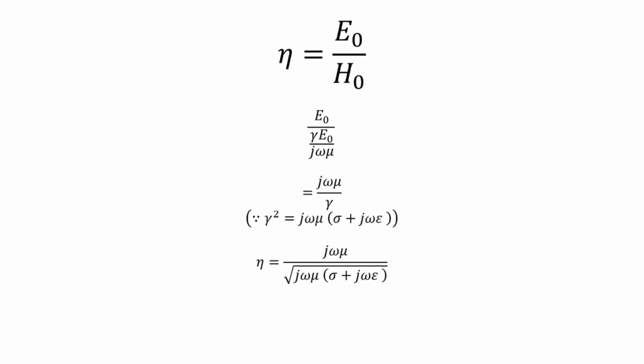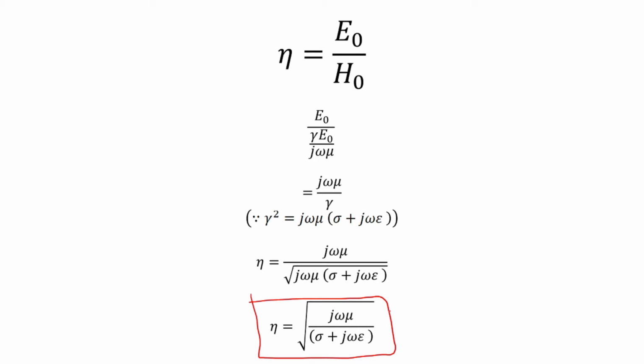Therefore, eta would be equal to root over j omega mu by sigma plus j omega epsilon. So this is the value of intrinsic impedance experienced by a uniform plane transverse electromagnetic wave.